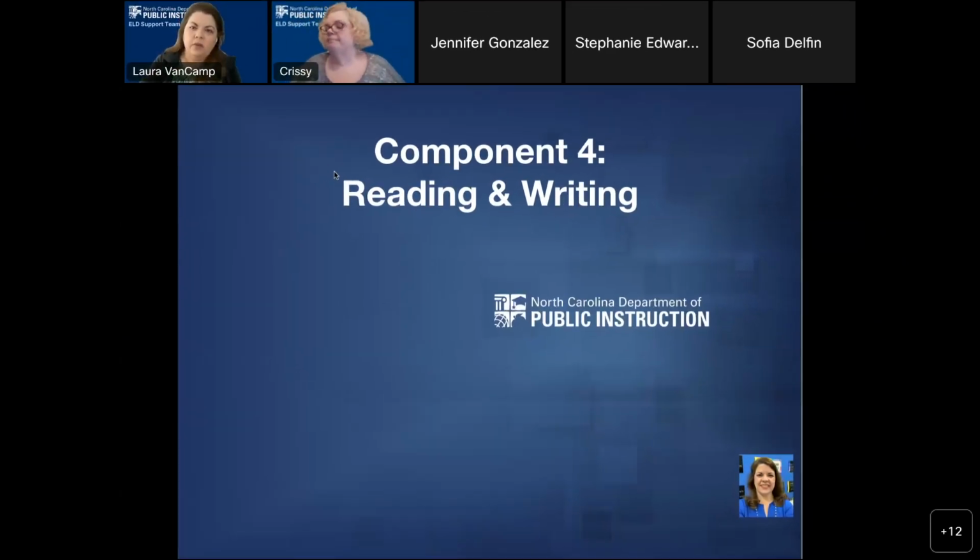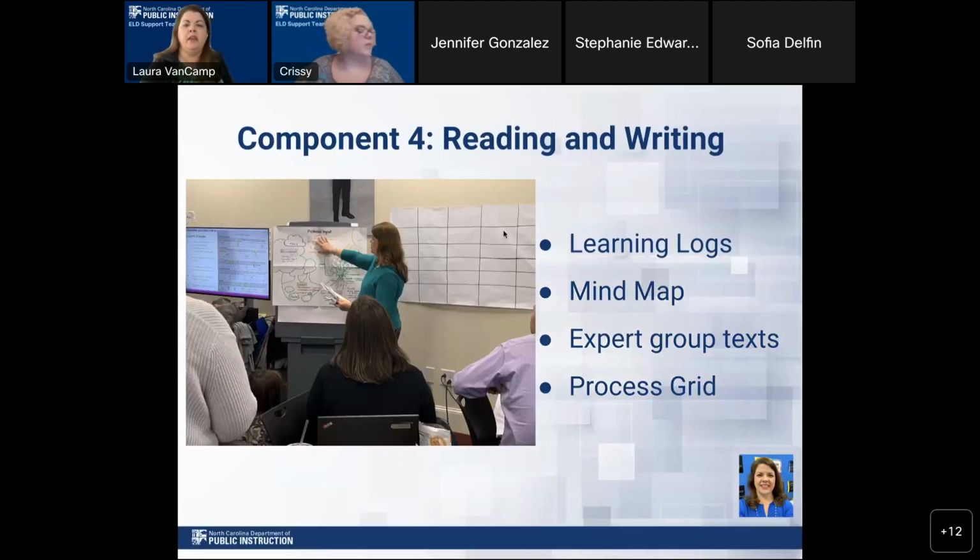Okay, so I hope you enjoyed your work session, being able to use the time to work on different strategies that you need to find things, find pictures, find information. We're going to begin with component 4 now, which is our reading and writing component.